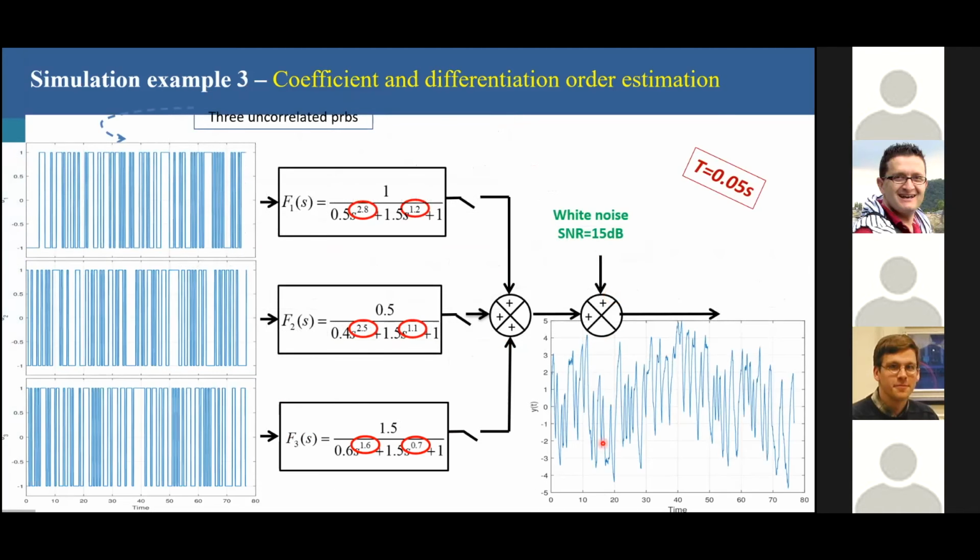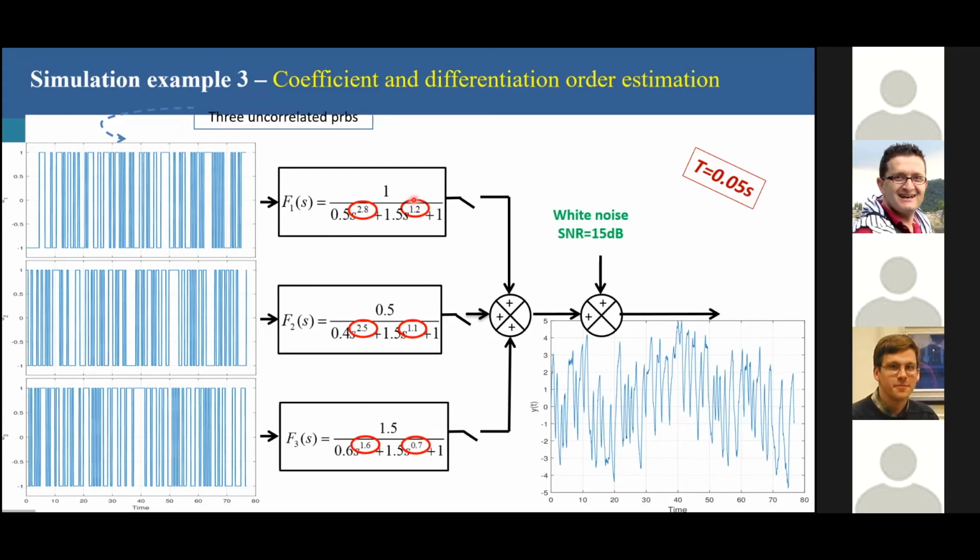So here we're going to relax the constraint of S-commensurability. We're going to estimate the differential order. We can see here in F1, we have an order of 2.8 and an order of 1.2.